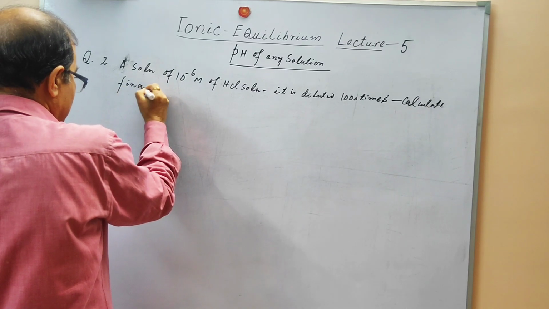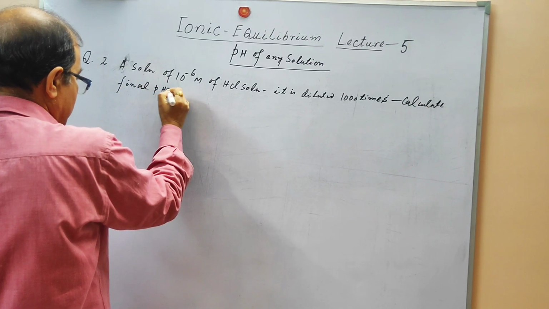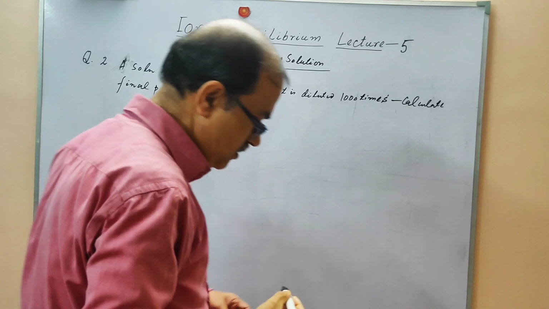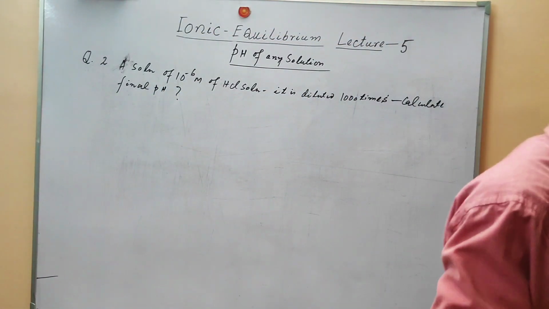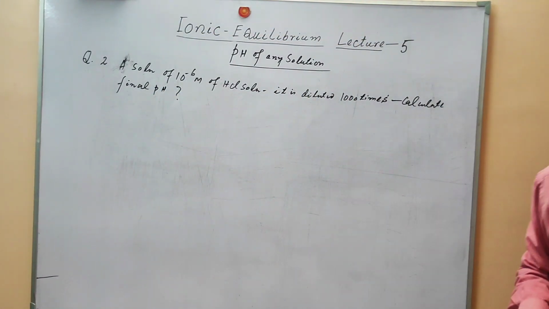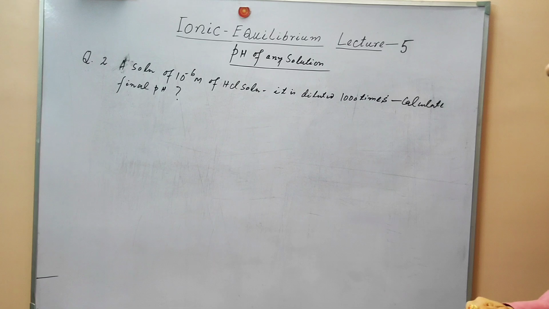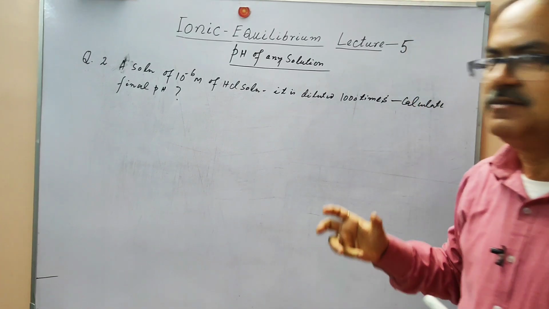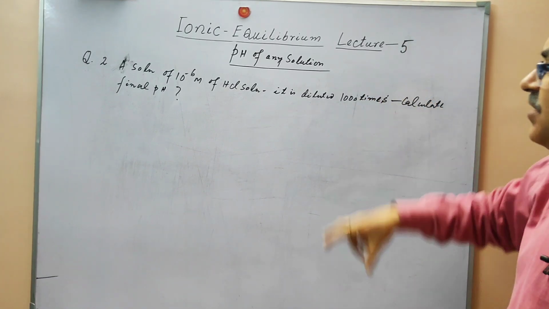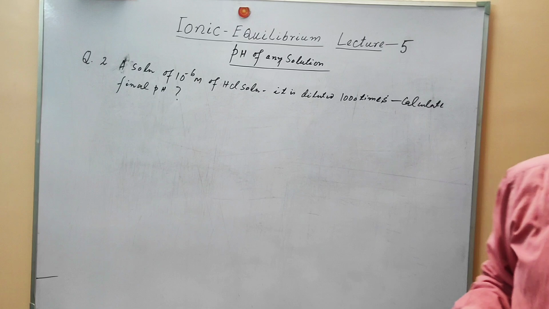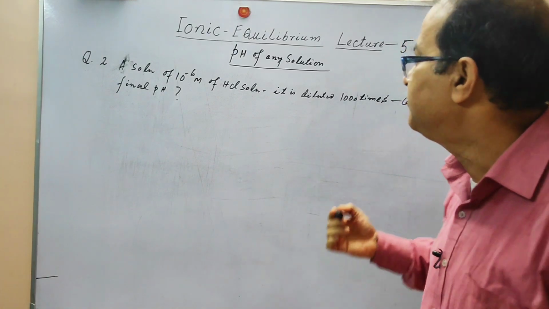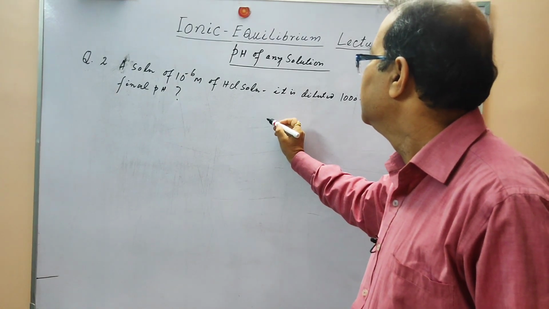What will be the final pH of the solution when you have been given 10 to the minus 6 mole per liter and it has been diluted 1000 times? Calculate its final pH. What will we get?